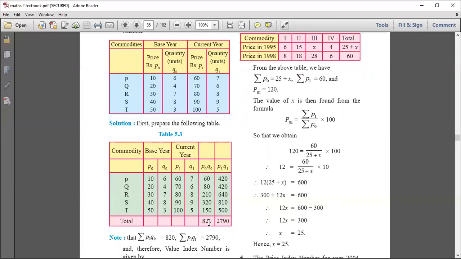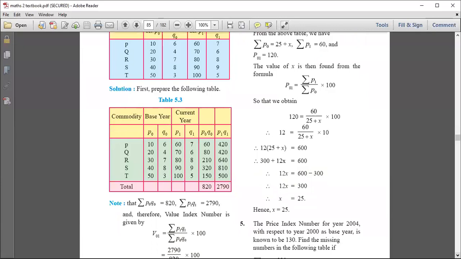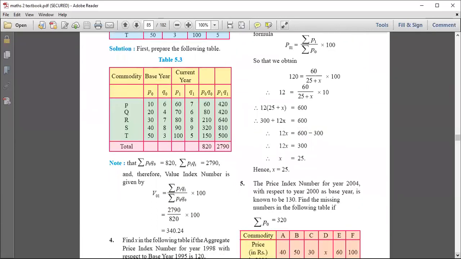After doing the total, the next step is to put the formula as we saw yesterday. V01 is equal to summation P1 Q1 upon summation P0 Q0 into 100, which is 2790 upon 820 into 100.